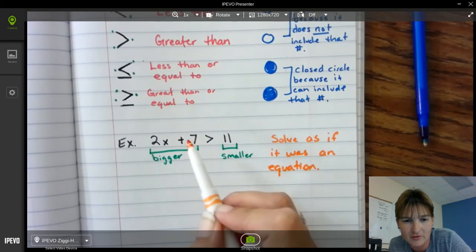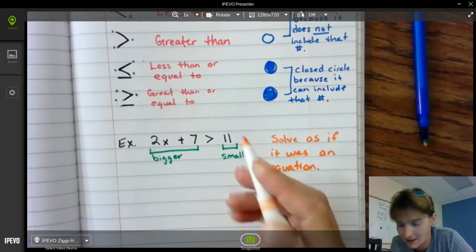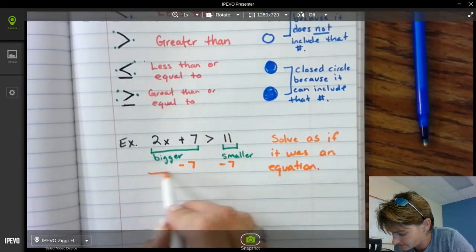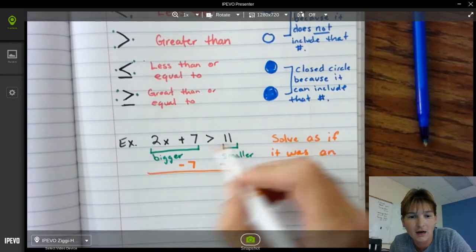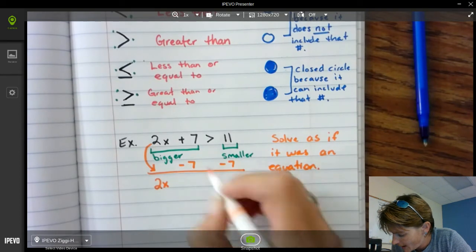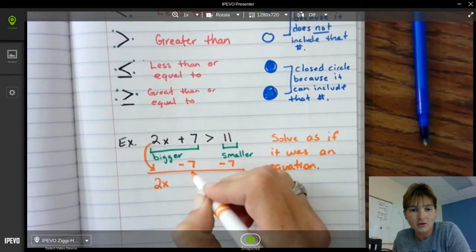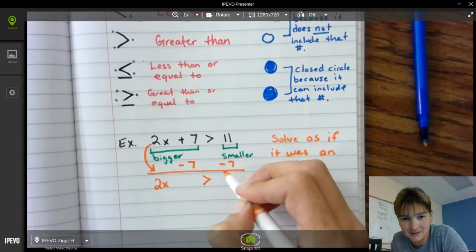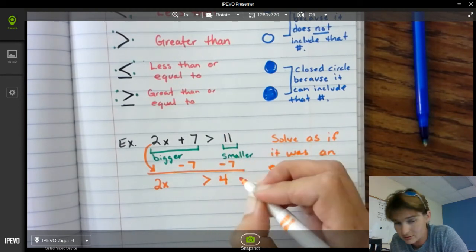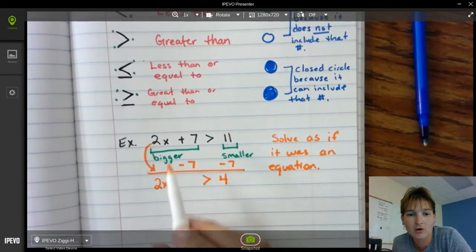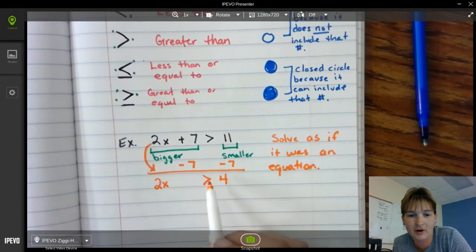To get rid of the 7 on the left-hand side and get it over to the right-hand side, we need to subtract 7 on both sides. The 2x comes down, and the 7 positive with the 7 negative is 0. Greater than 11 minus 7 is 4. All I did was bring down the 2x, the greater than symbol, and do my subtraction.